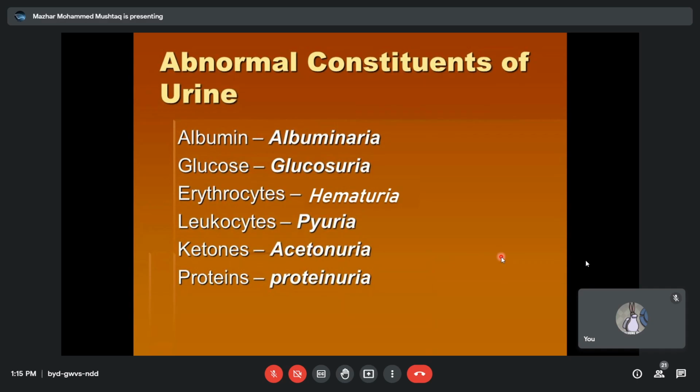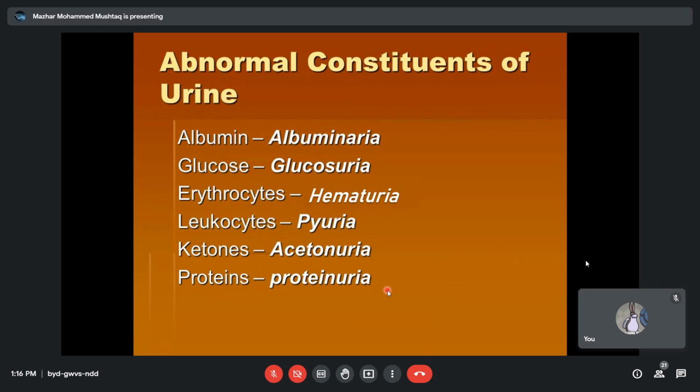If there are erythrocytes, mind you, I'm talking about erythrocytes, not blood as a whole, we call it hematuria. If there are leukocytes, we call it pyuria. Ketones, we call acetonuria, and if there is a large amount of protein present, we call it proteinuria. So these are the different terms that we use to classify the abnormality in the urine.